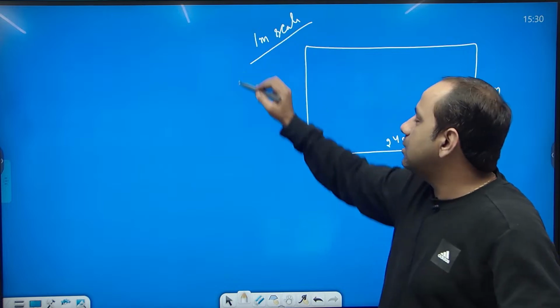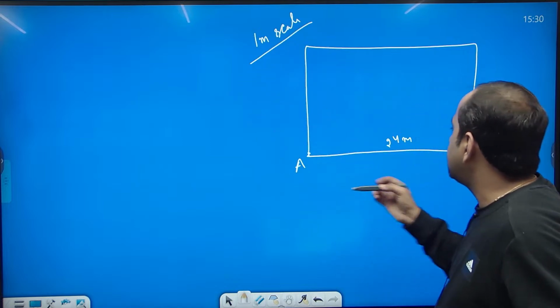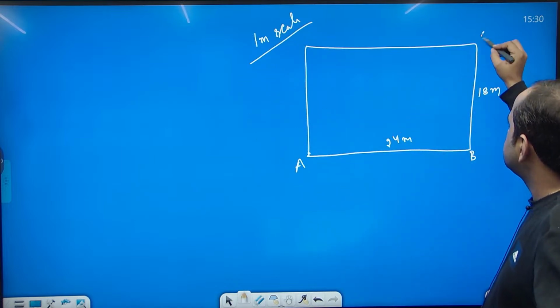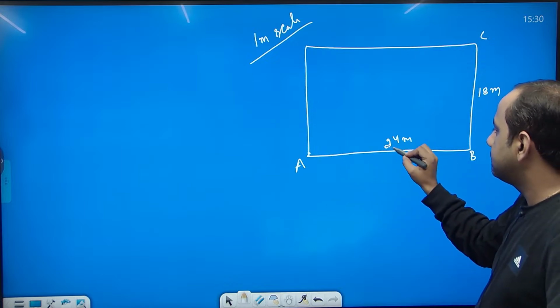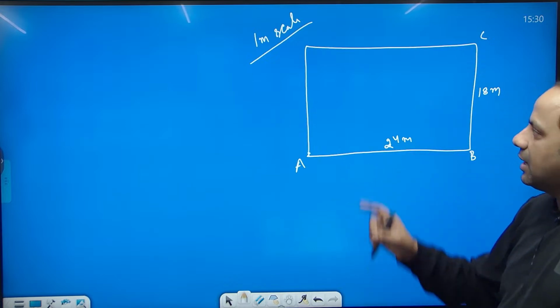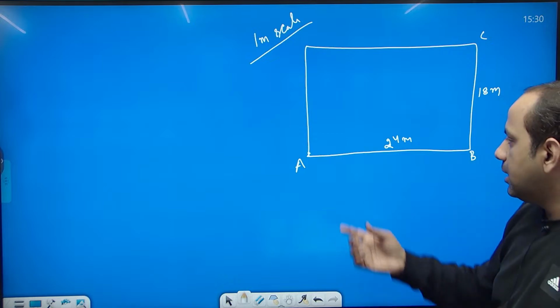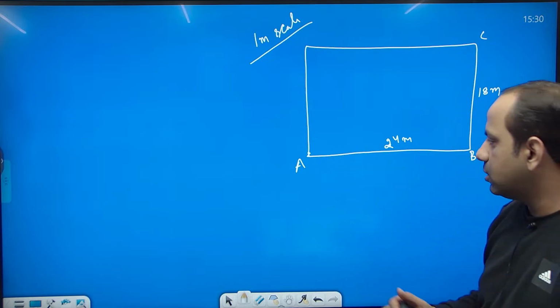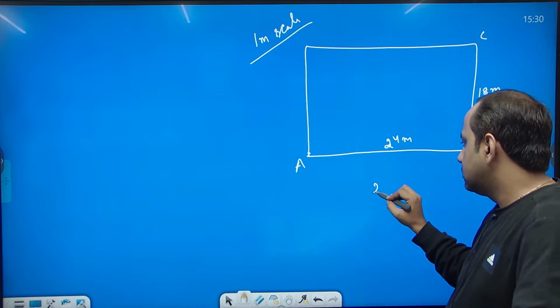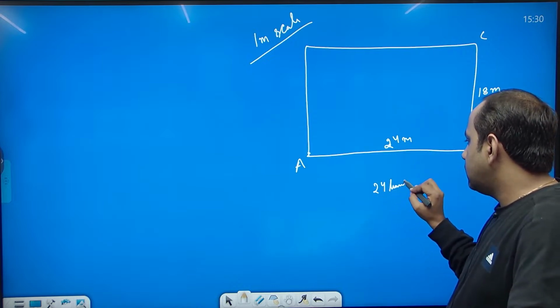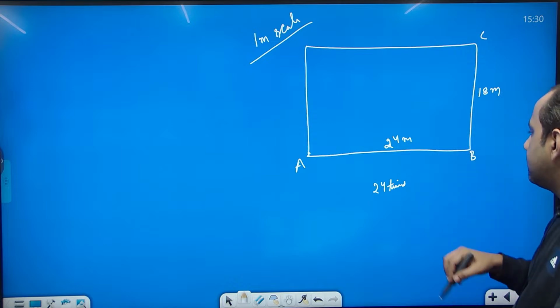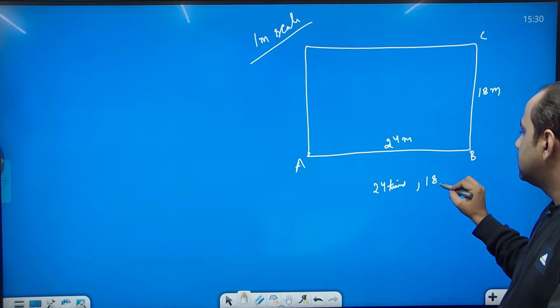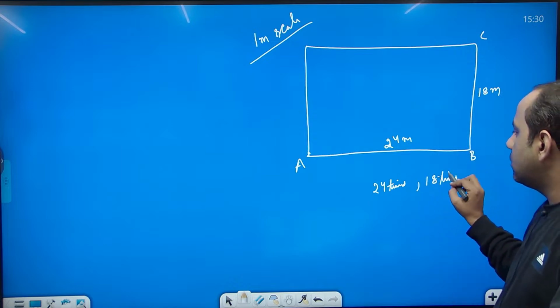Can you tell me how many times I can measure this side AB? If I have a 1 meter scale, how many times I have to use that scale to measure this side AB? 24 times. Clear? And to measure this BC, 18 times, if I have a 1 meter scale.